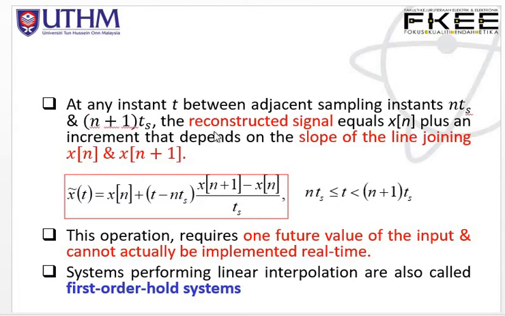For linear interpolation, the reconstructed signal is equal to x[n] plus an increment that depends on the slope of the line joining x[n] and x[n+1], where t is in between nTs and (n+1)Ts. This operation requires one future value of the input and cannot actually be implemented in real time. A system performing linear interpolation is also called a first-order hold system.